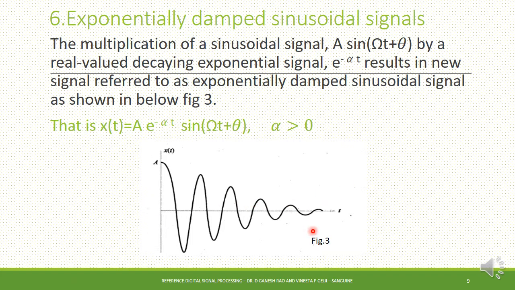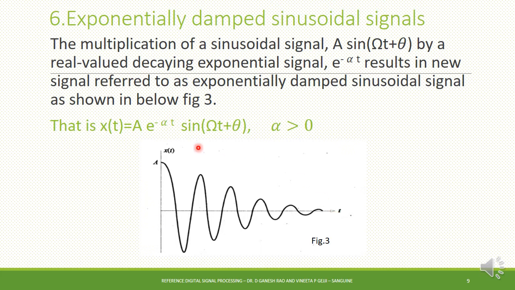Undamped is what we use in our lab or every practical. Here you are taking the time, and the amplitude remains the same when the time changes. That signal is called the undamped signal.